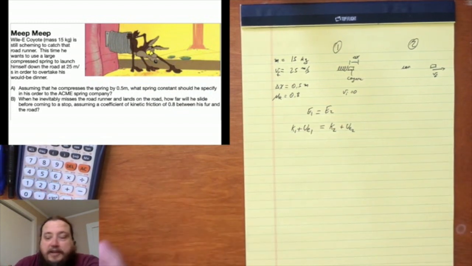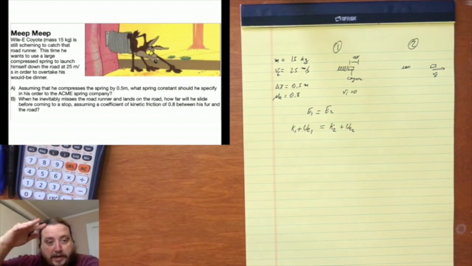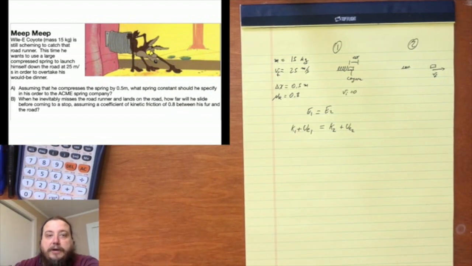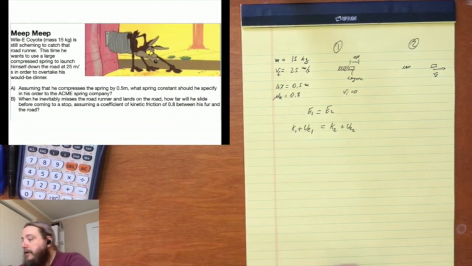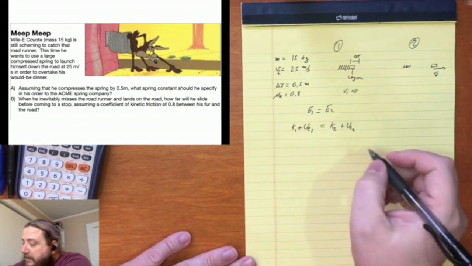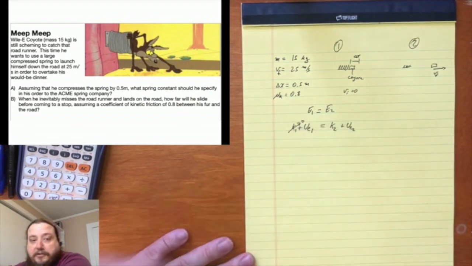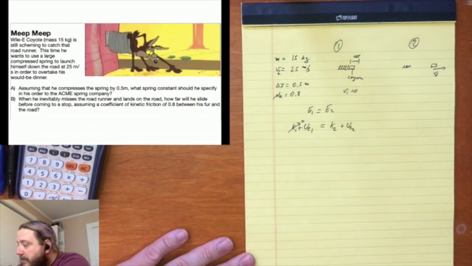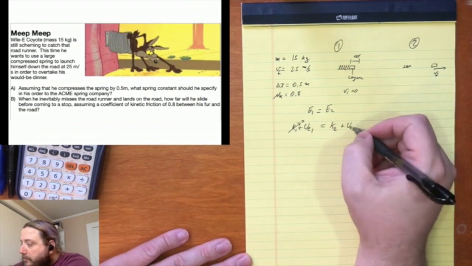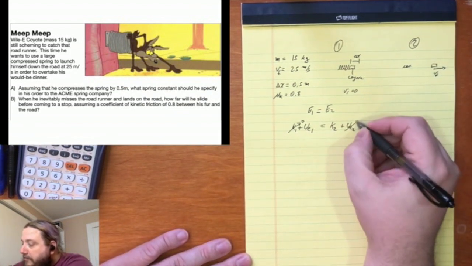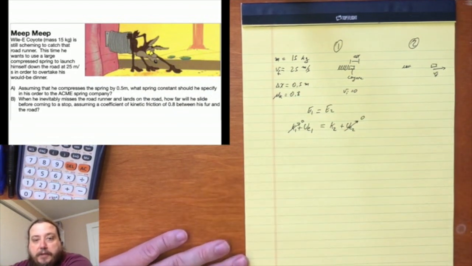We could put gravitational potential energy here, but the Coyote isn't moving up or down, so whatever gravitational potential energy he has will just be a constant during this motion. So we'll just leave it off. And indeed, to begin with, he's not moving, so the kinetic energy at moment 1 is 0. And at moment 2, the spring is uncompressed, so the compression energy will be 0 at moment 2.